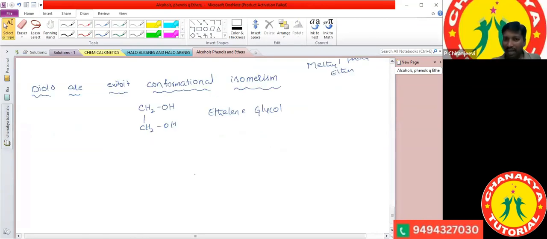Okay. Actually, alkanes exhibit conformational isomerism. We have three conformational isomers. What are the three conformational isomers? First, fully eclipsed. Second is skew or gauche form.